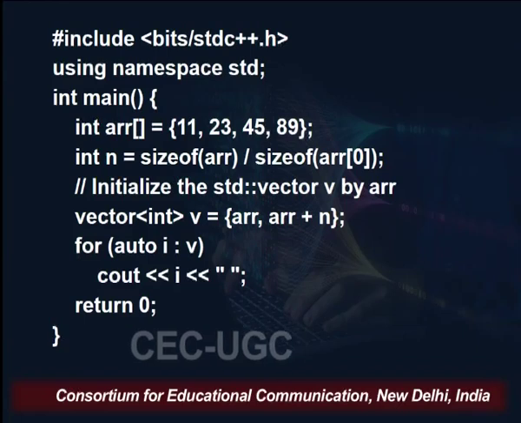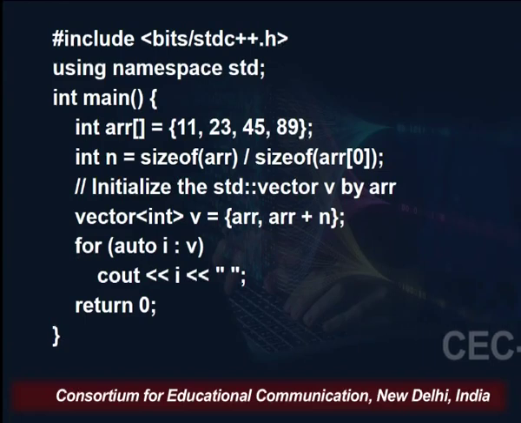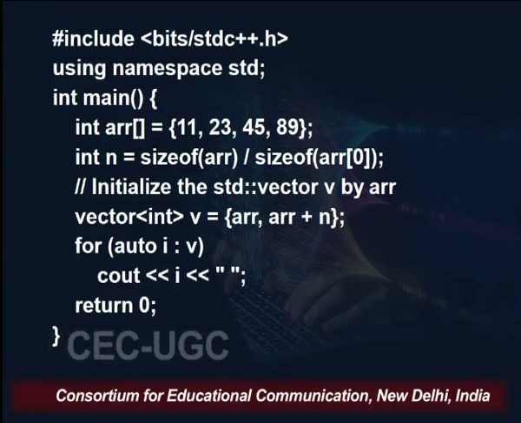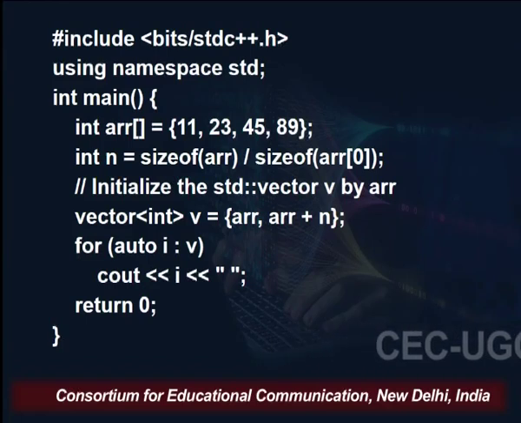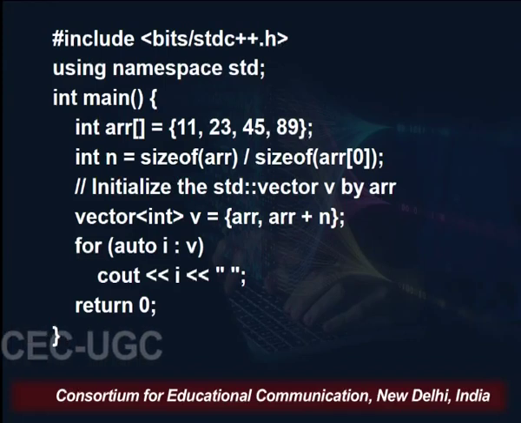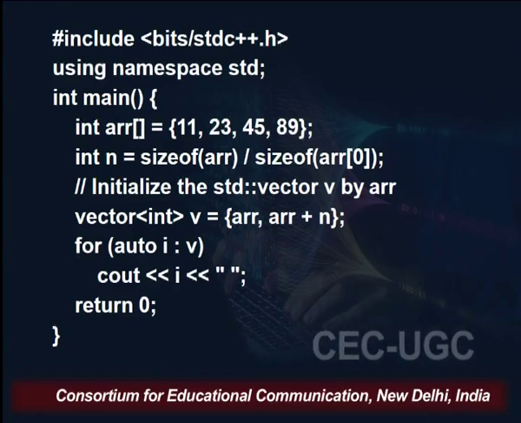In place of sizeof ARR, we can also use sizeof ARR 0, both are the same thing. Then we have initialized the vector v: vector int v is equal to ARR and then ARR plus n, where n is nothing but the size.